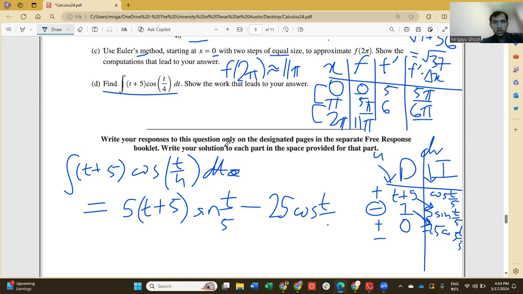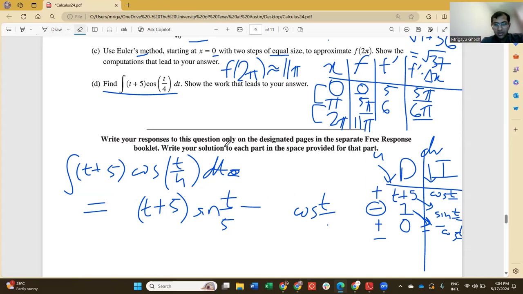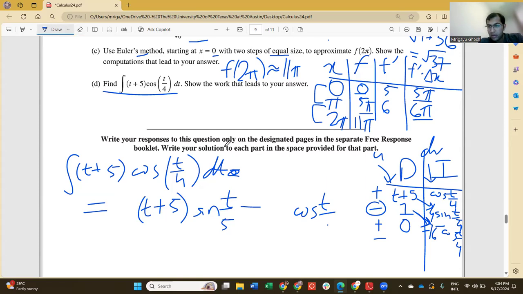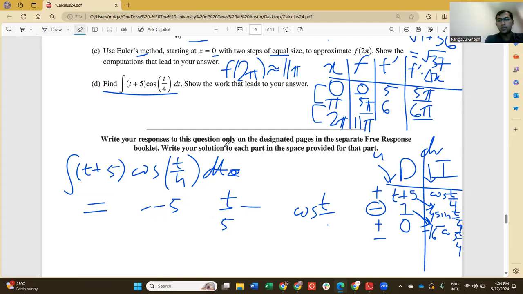Oh wait, I think I messed this up completely. It's not t over 5, it's t over 4. So these are slightly wrong. That'll become a t over 4, a sine of t over 4, cosine of t over 4 there. That'll become a 4 here, and that'll become a 16 here. And one thing I did forget, that'll actually be a plus. Okay, let me just redo this, just for clarity's sake, so that we're all on the same page.